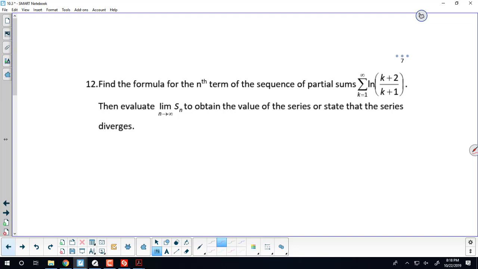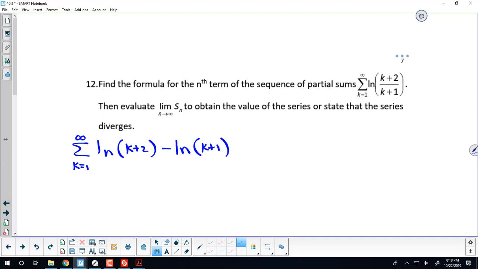How about example 12? Rewrite it as, yeah, so this is just a simple property of logarithms to rewrite that sum as k equals 1 to infinity, the natural log of the numerator minus the natural log of the denominator.